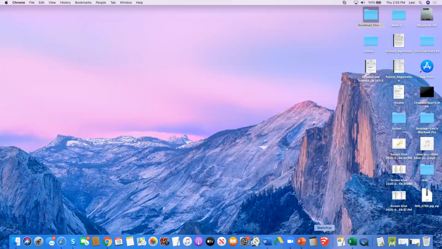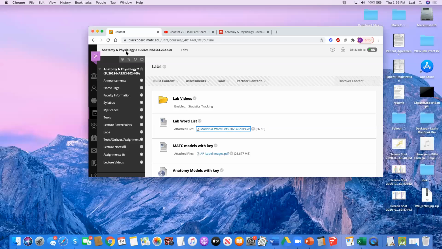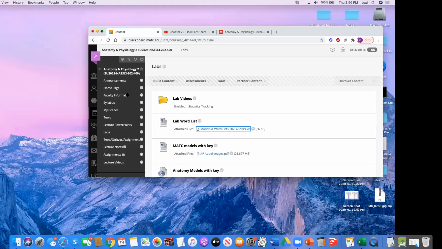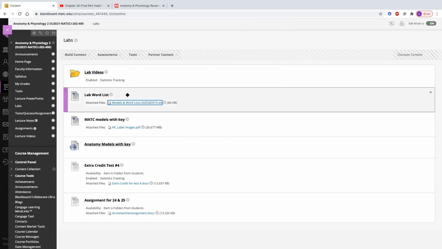I wonder why this isn't loading. My Microsoft programs aren't really helpful today. You're looking at the cardiovascular system, that includes arteries, veins, and heart material. And I have models with keys on here as well.